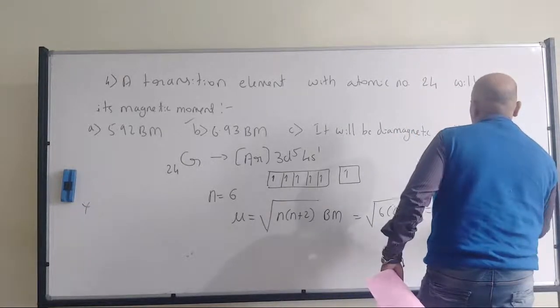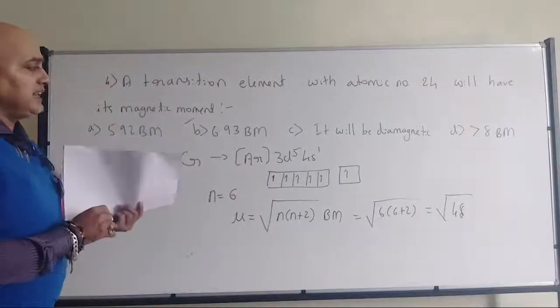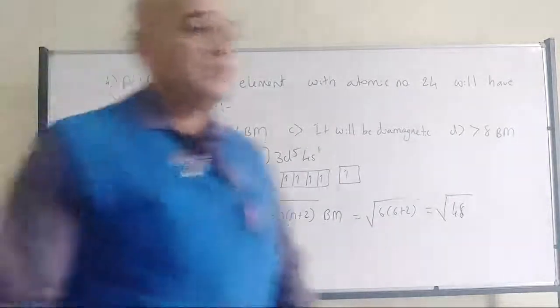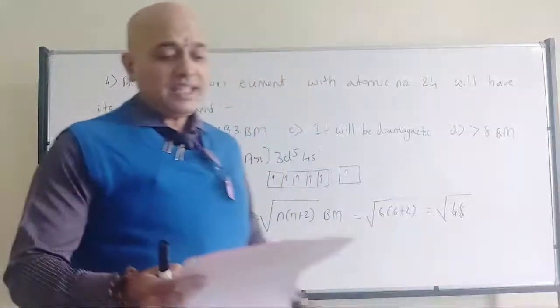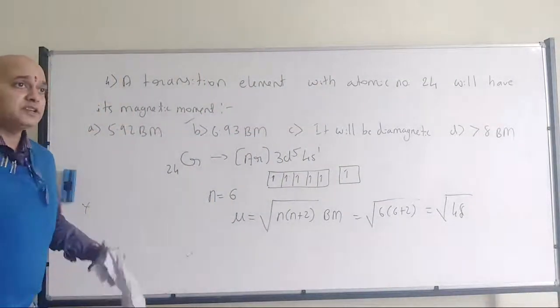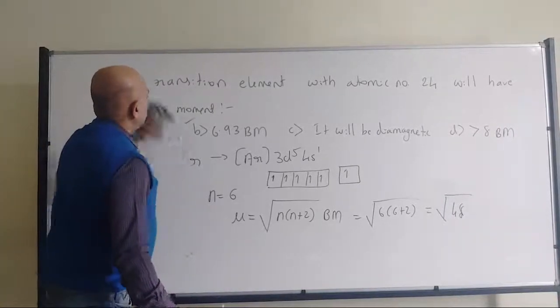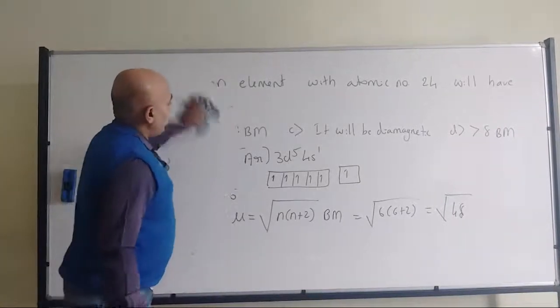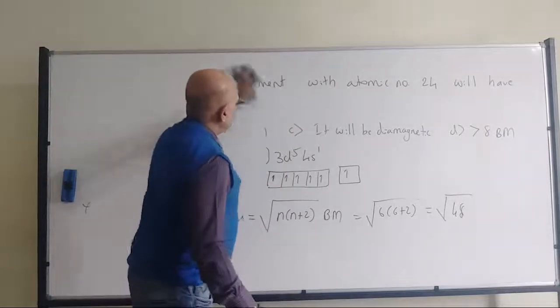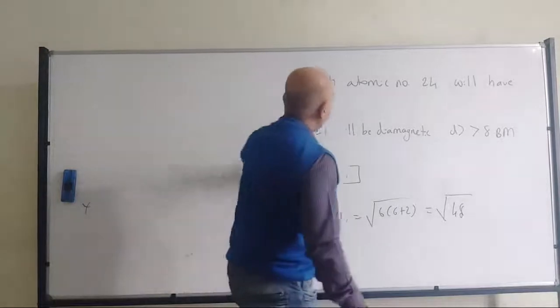So the square root of 48 will give the answer 6.93. So that's where we have option B as the answer. All of you have understood? You have to write the electronic configuration, otherwise you will not come to know how many unpaired electrons are present, because you have to find out the n value.